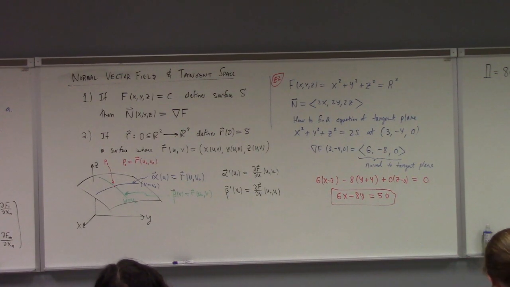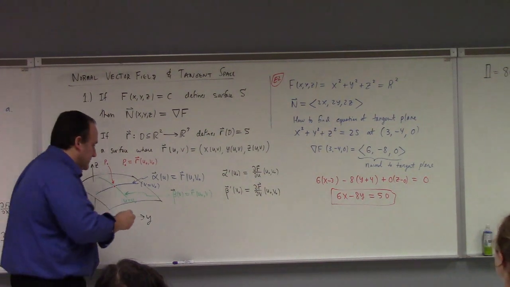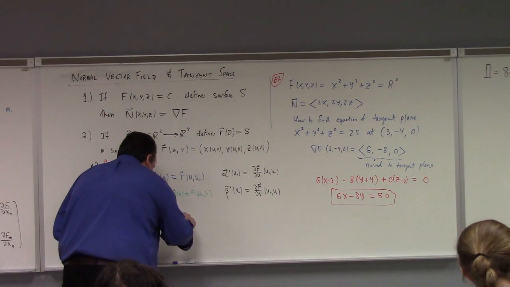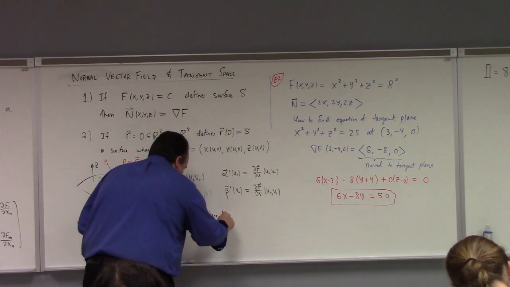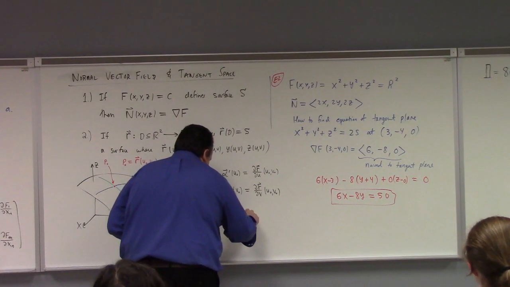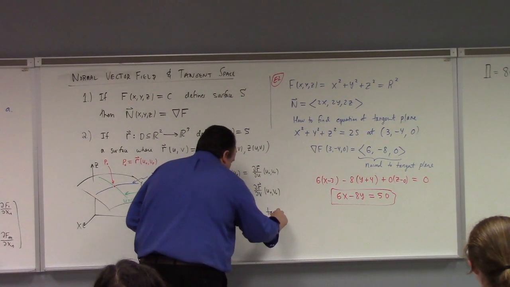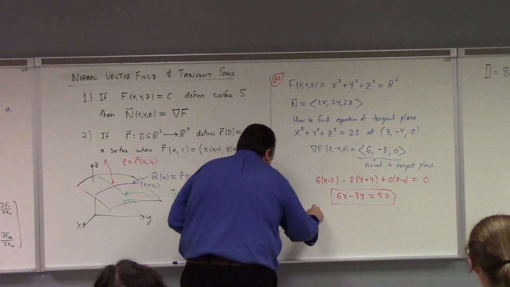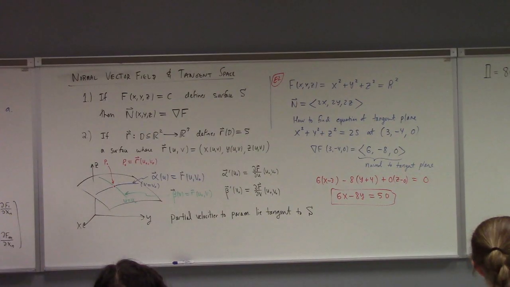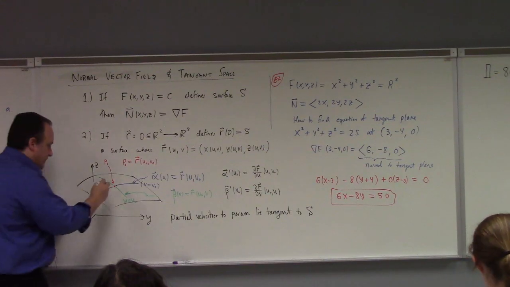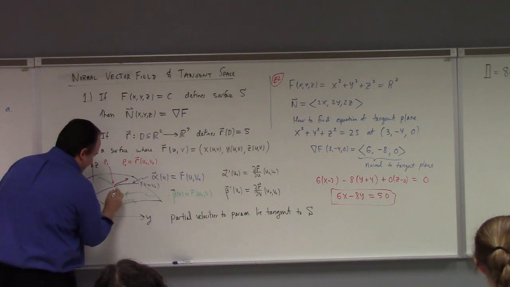I call these partial velocities. They're partial velocities of the parameterization. The partial velocities of the parameterization lie tangent to the surface. So how would I find the normal vector field in this world? I've got this vector, and I've got that vector.